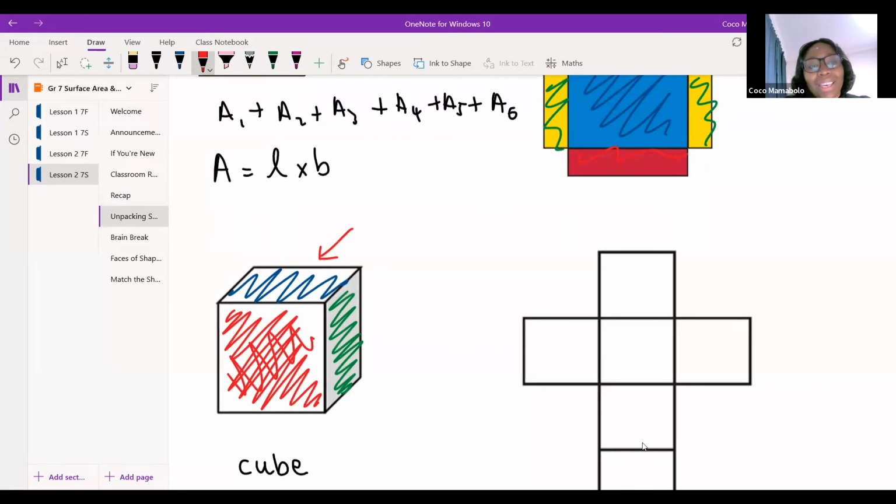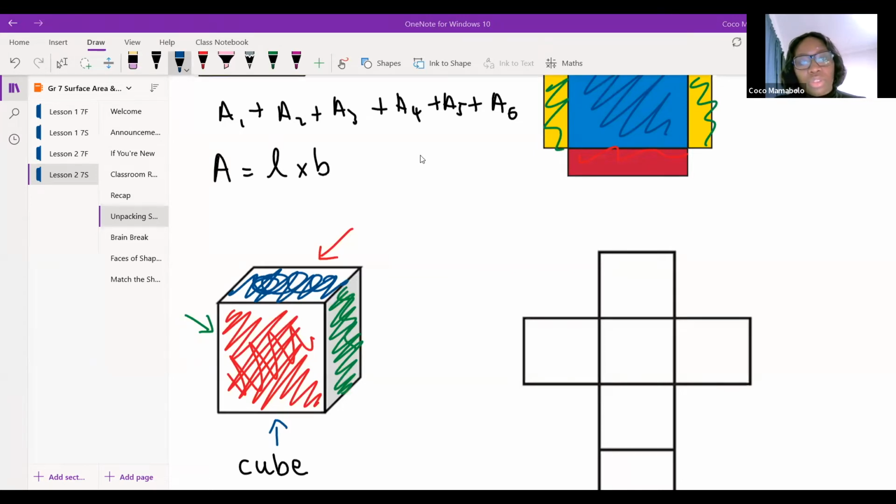If I have a right-hand side, I'm also going to have a left-hand side. And if I have a top side over here, I'm also going to have a bottom side. So how many sides am I going to have? I'm going to have 6 sides.